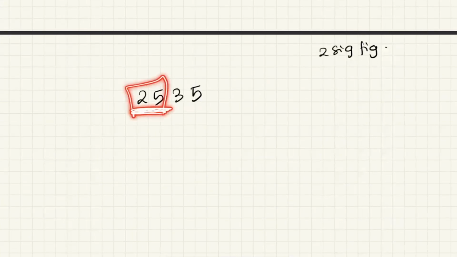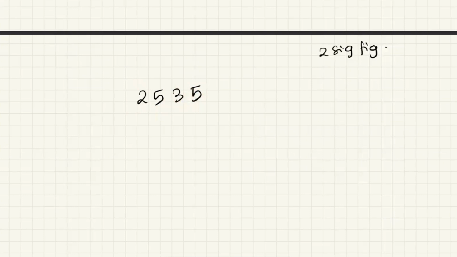Only this 2. Because if all the rest becomes 0, then I can have 2 sig fig. But you cannot just make 2535 become 25. That's just not the same, right? That's wrong. So you still want to make it near to 2535, but having 2 sig fig.